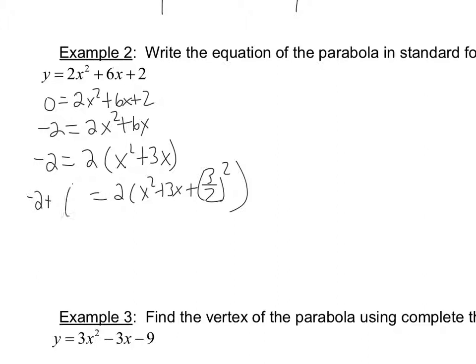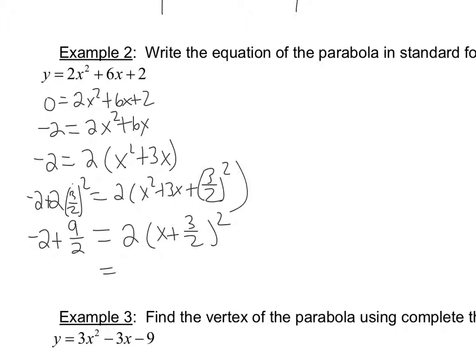So you have b divided by 2 squared. But, see how we factor out a 2? So you have to include that as well. Okay? So then this changes to 2 times x plus 3 divided by 2 squared. And then this is going to be negative 2 plus 9 over 2. Okay?